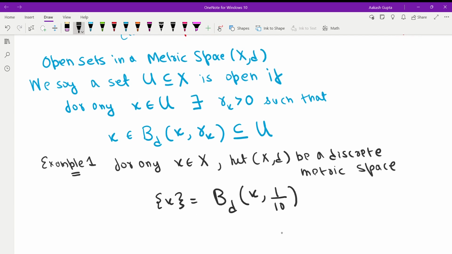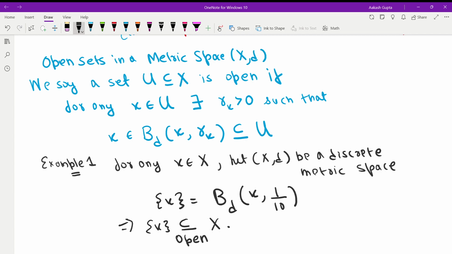So what it tells you is this singleton X is open in X. See, this is another way of writing: you write subset, down the side you write open in X. Why is this open in X? Because every ball is itself an open set, since this condition will trivially hold here.